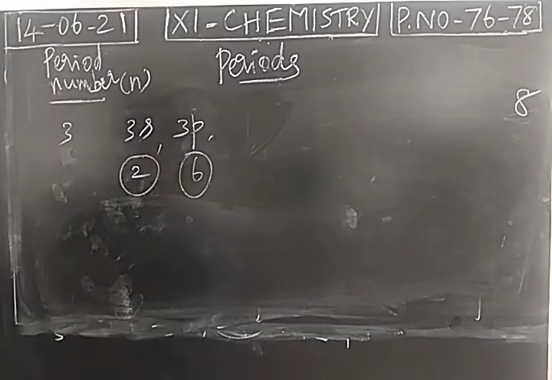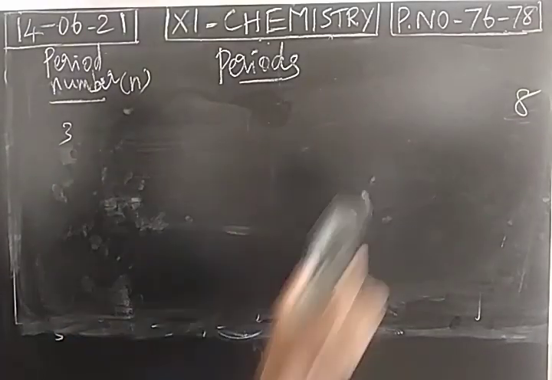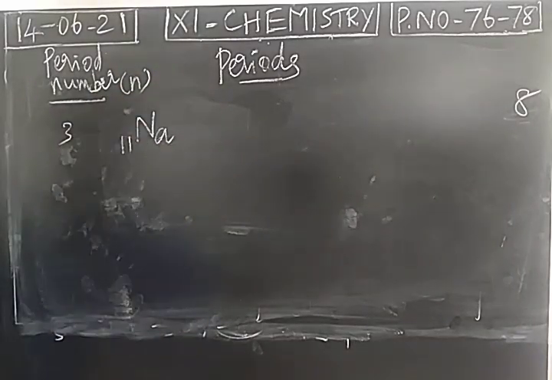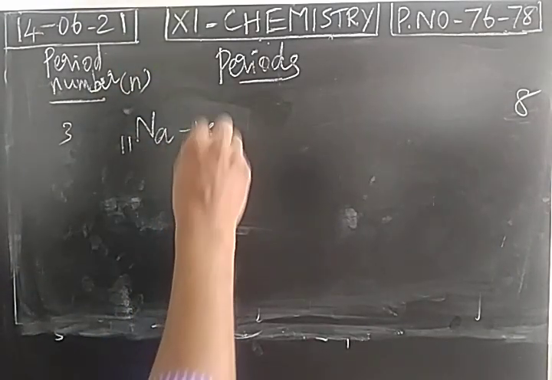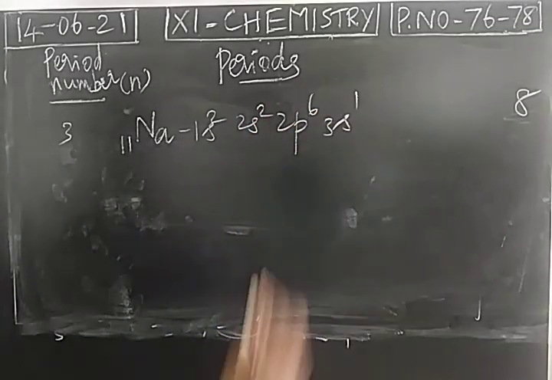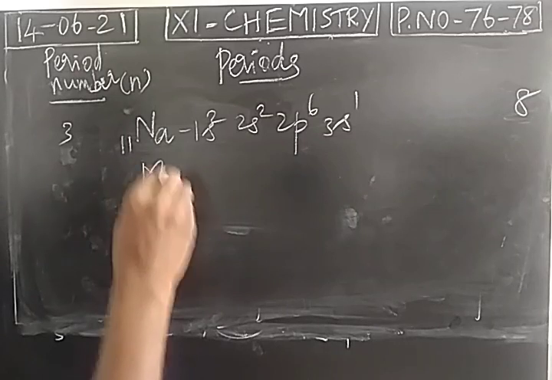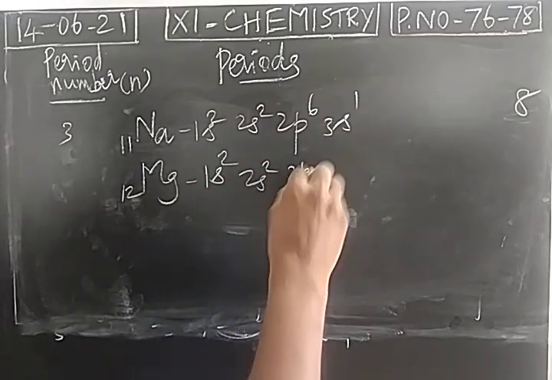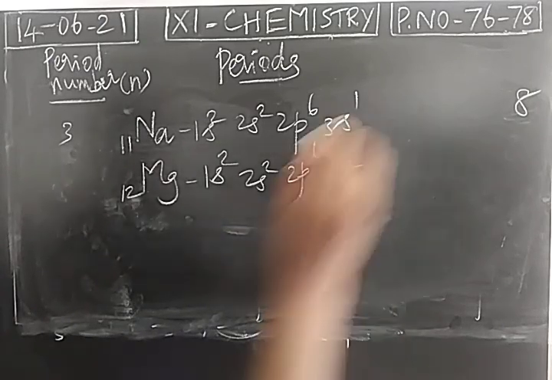Okay, what are the 8 elements? It starts with sodium, atomic number 11, electronic configuration 1s2, 2s2, 2p6, 3s1. Then magnesium, atomic number 12, 1s2, 2s2, 2p6, 3s2.